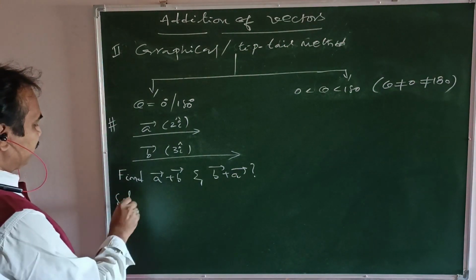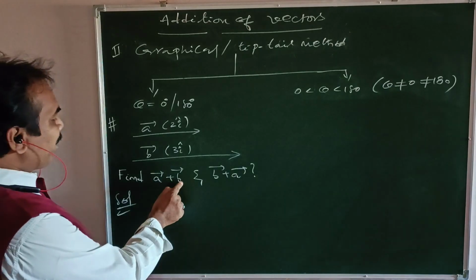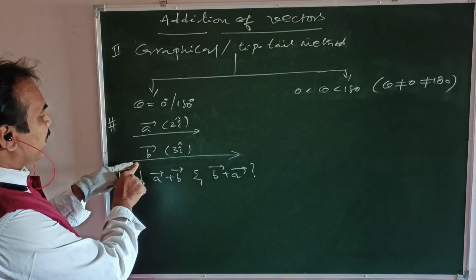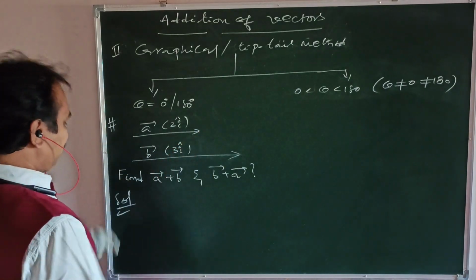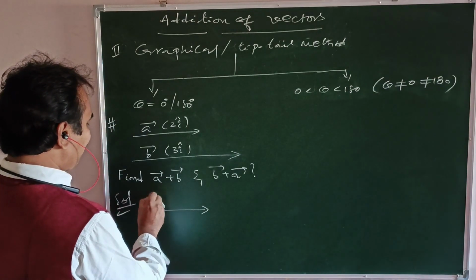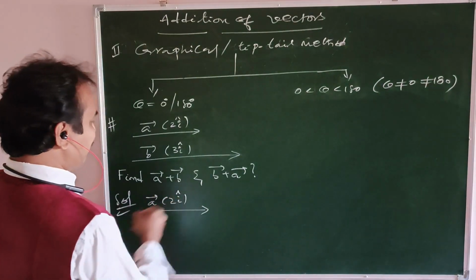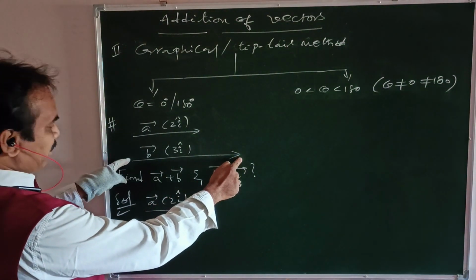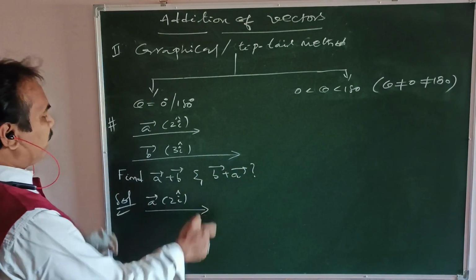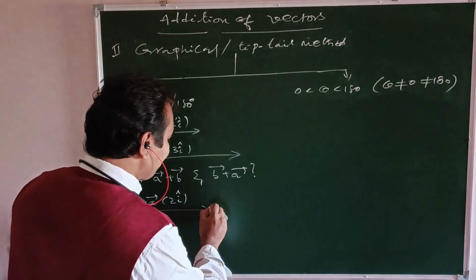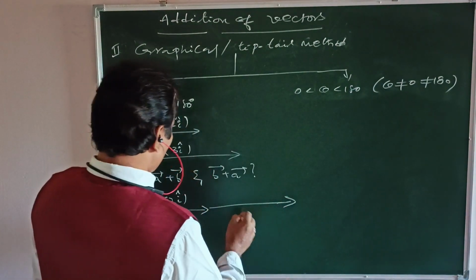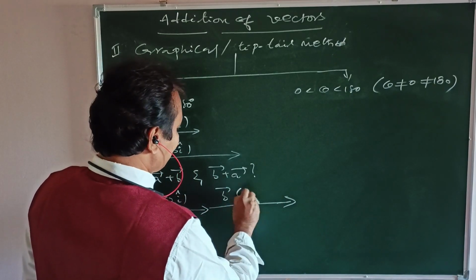In solution, now see, B bar is to be added to A bar. Means the tail of B bar is to be connected with head of A bar. See, A bar is as it is, A bar of 2i cap. Now take this vector B bar such that its tail is connected to head of A bar. See, like that. This is B bar of 3i.